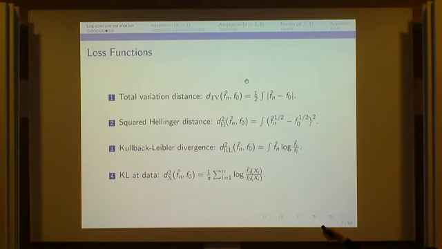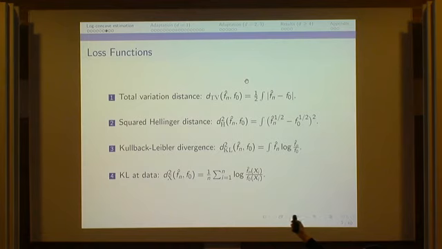The second one is squared Hellinger distance, which is the L2 norm between square roots of densities. These two, number 1 and number 2, are bounded. Total variation distance is bounded above by 1, below by 0, and squared Hellinger is bounded above by 2 and below by 0, because Fn hat and f0 are both densities.